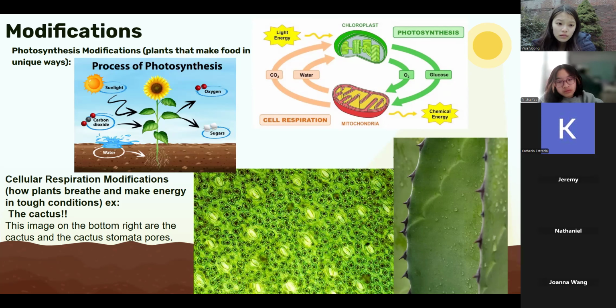Not all plants perform photosynthesis the same way. Some have more developed modifications to survive in extreme environments, and these modifications help them absorb carbon dioxide and conserve water or use alternate energy sources.